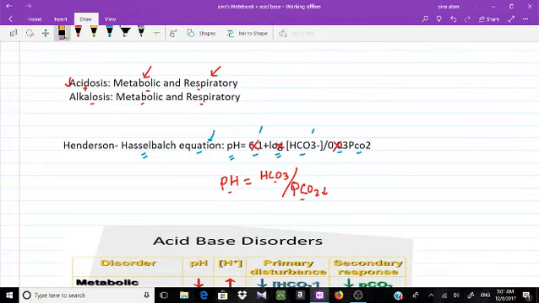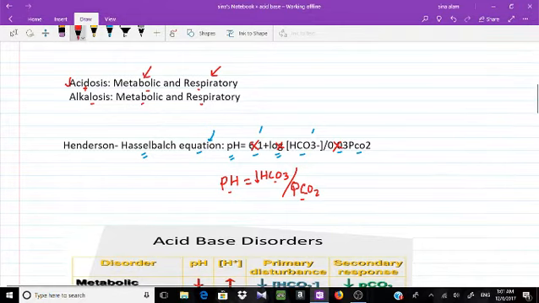And you can play with it. Instead of increasing the bicarbonate, if I decrease it, what will happen? The numerator is decreasing, right? The numerator is the top part of the equation. A by B, A is the numerator and B is the denominator. Okay, by the way, I'm not a math student, I'm a med student.